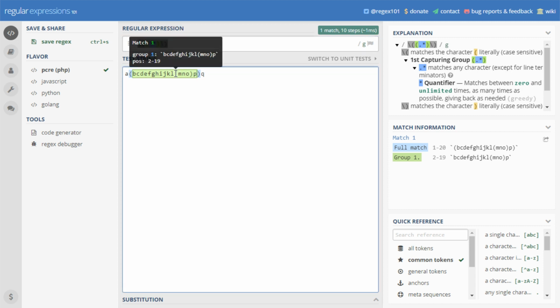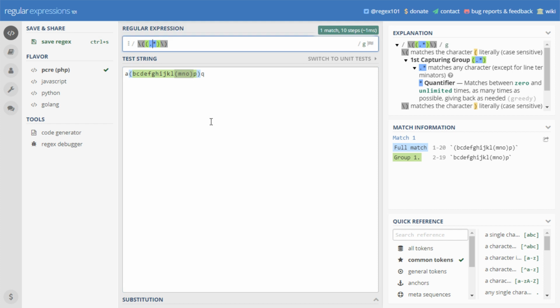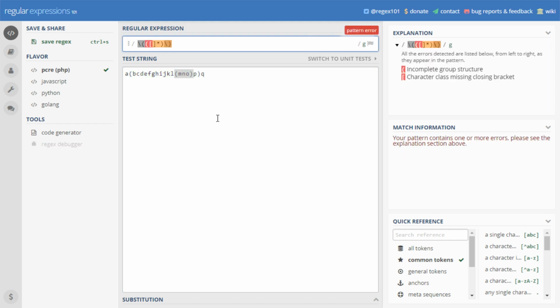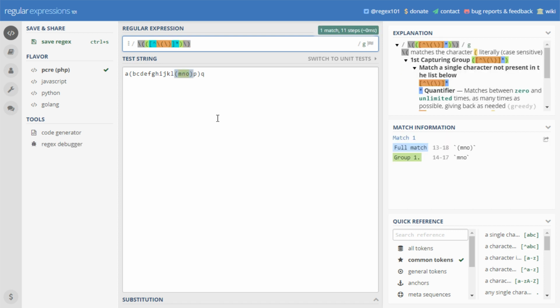We actually do want to get this inside group over here. So maybe instead of doing a wildcard here, we'll say it can be almost anything, except what it can't be is this open parenthesis or this close parenthesis. So now this is saying match anything except for open parenthesis or close parenthesis.